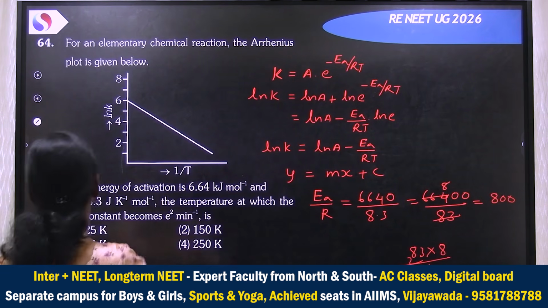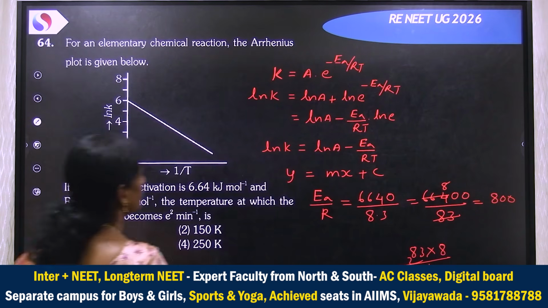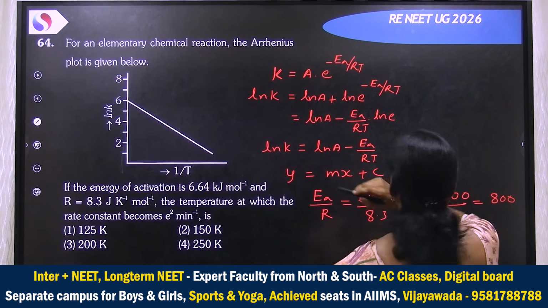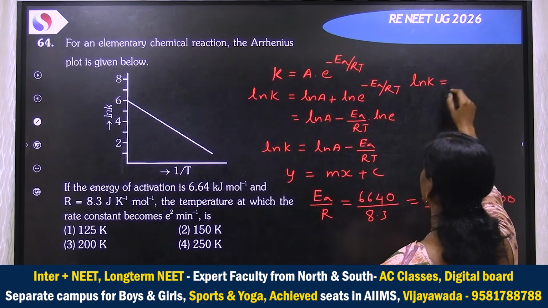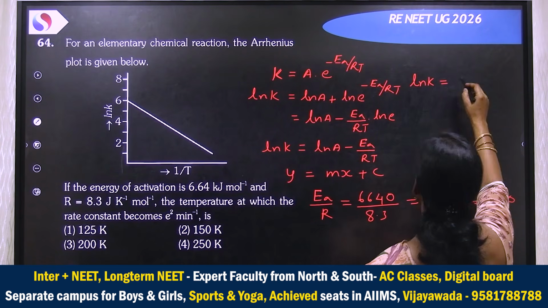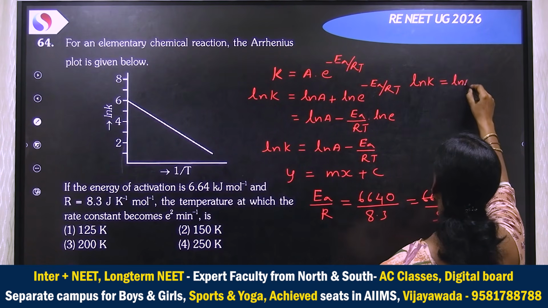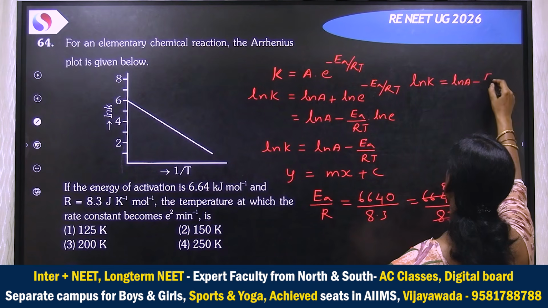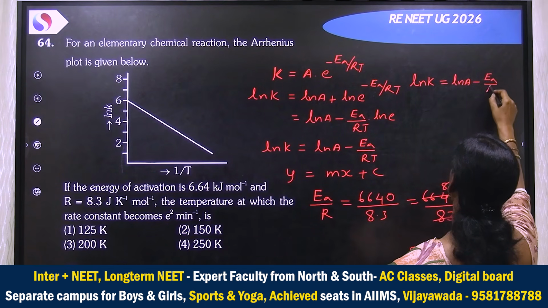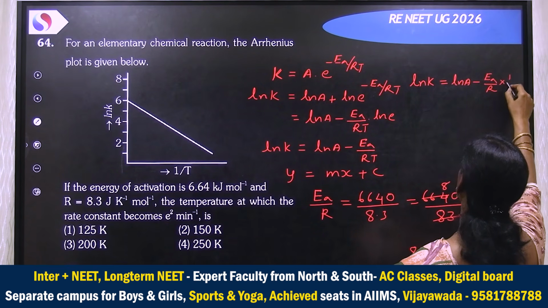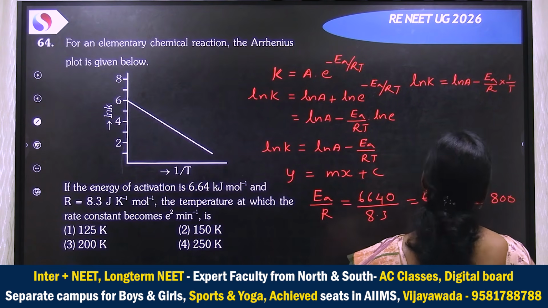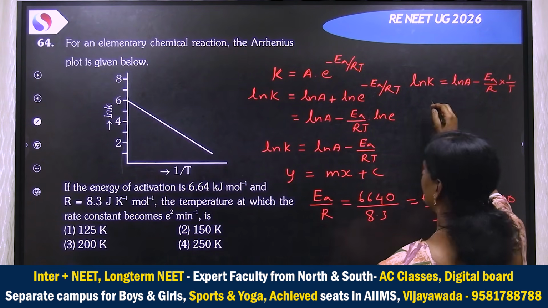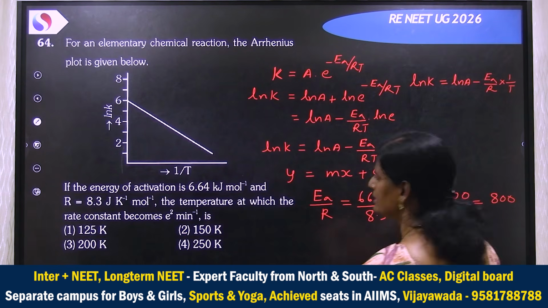Then ln k equals ln A minus Ea by R into 1 by T. So what is the k value?